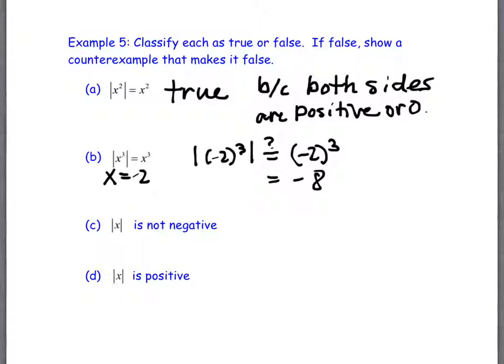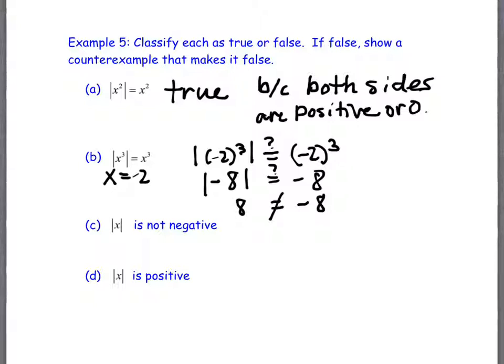It would actually be 8, because we have to take the absolute value of the negative 8 when we're done. So this would then be 8. So this is not equal. I mean, could it be the same? Sure. What kinds of numbers would actually make this statement true? Positive numbers or 0 would work too. So there are numbers that would make the statement true, but just not all numbers, right?